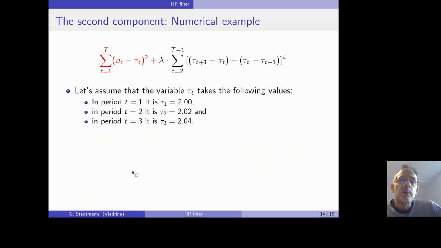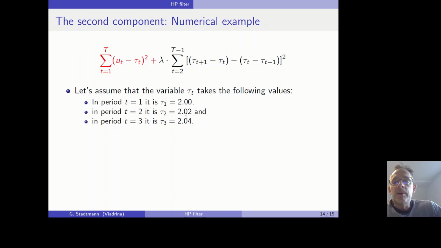I've also come up with a numerical example. So let's assume that the variable tau takes the following values: in period 1, tau 1 is equal to 2, in period 2, tau 2 is equal to 2.02, and in period 3, tau 3 is equal to 2.04.